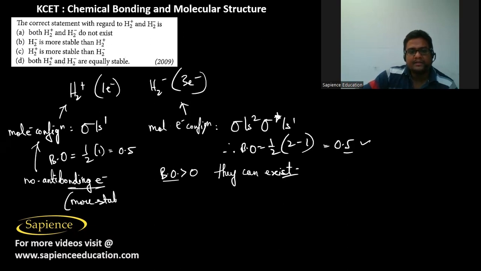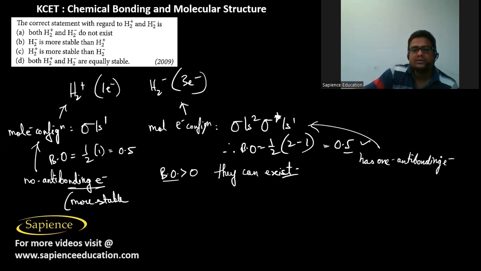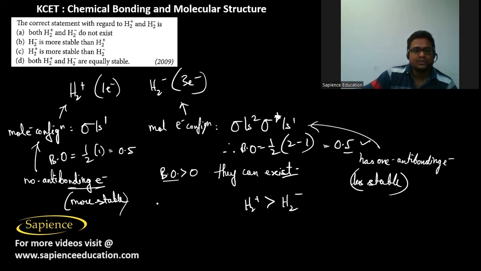And since H2 minus has one antibonding electron, it means that it has one electron in the antibonding molecular orbital, so it is less stable than H2 plus. So H2 plus is more stable than H2 minus. So option C is the correct answer.